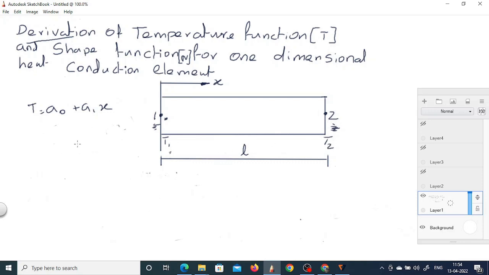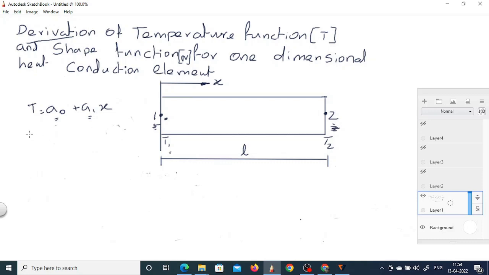So, the next step, I have to convert this generalized form into matrix form. Here I should be aware of what A0 and A1 are. Those are global or general coordinates. How do I convert this into matrix form?